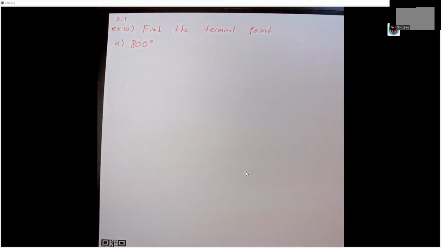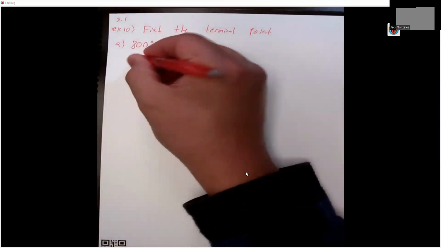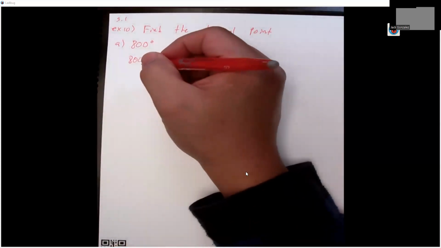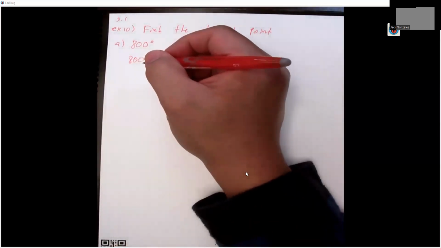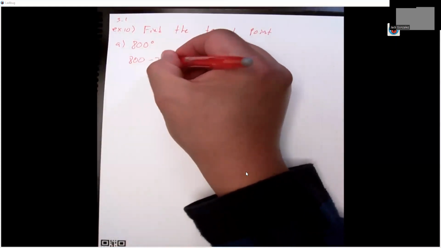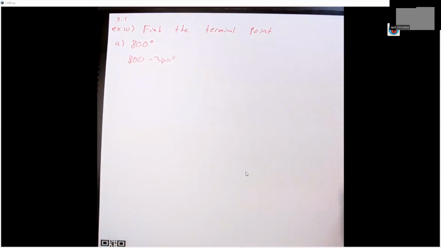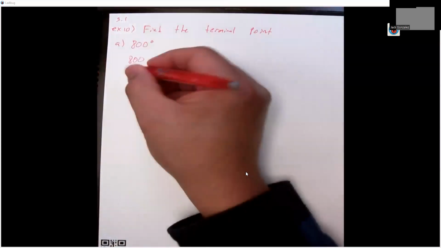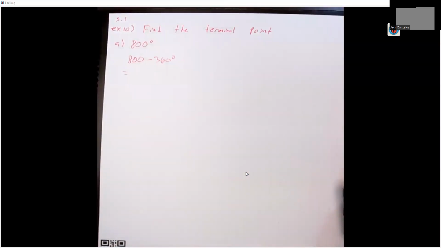So the question becomes, how many 360s are inside 800? Because those extra revolutions don't mean anything. It just matters where you land, right? So if you don't see it, just subtract one circle, see how much you get. What's 800 minus 360?